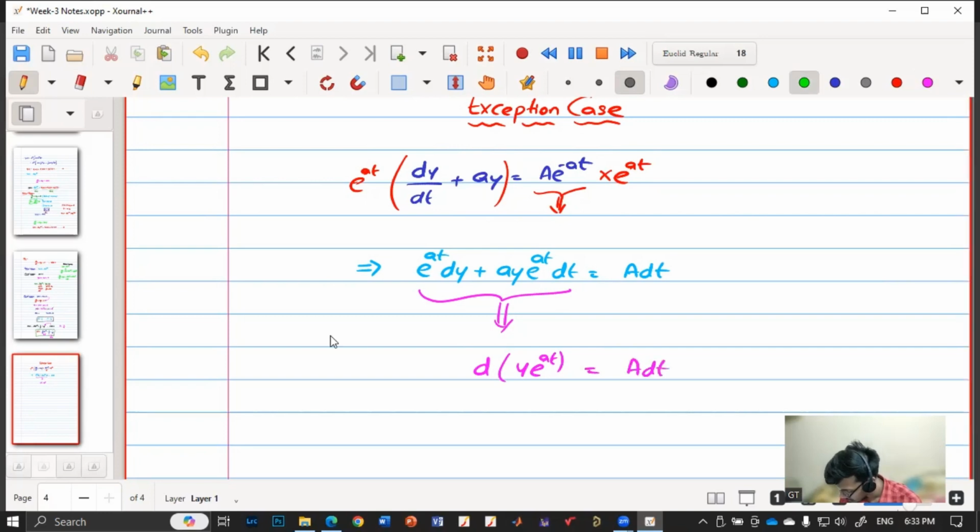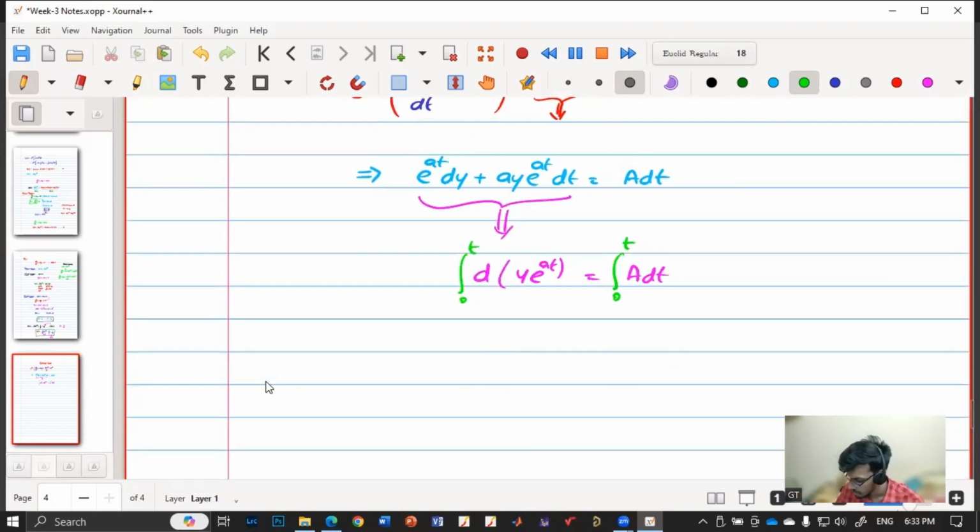Now I integrate it from 0 to t, here also 0 to t. My LHS will be y of t into e to the power at minus some constant b, is equal to, on the RHS side, it will be at. Now if you solve for y of t, I'll add plus b on this side and plus b on this side, so this will get cancelled.